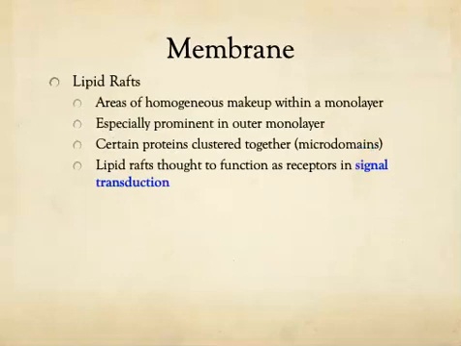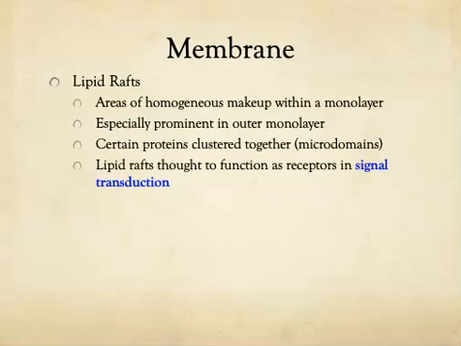Lipid rafts are areas of what we would consider a homogeneous makeup within a monolayer. We tend to see them primarily in the outer monolayer. We see clusters of one or two types of protein and clusters of one or two types of phospholipids, and they hang together.